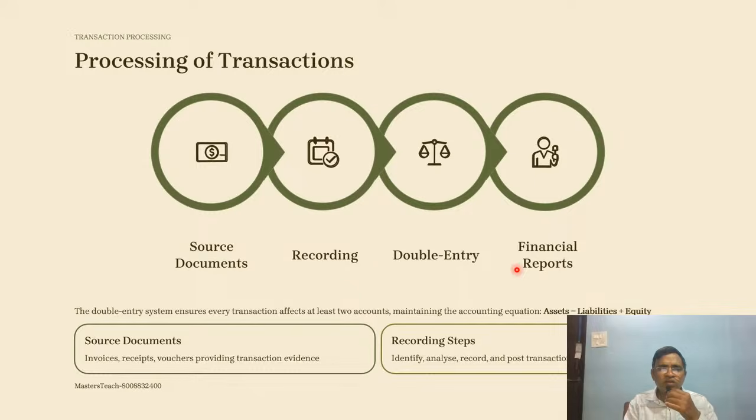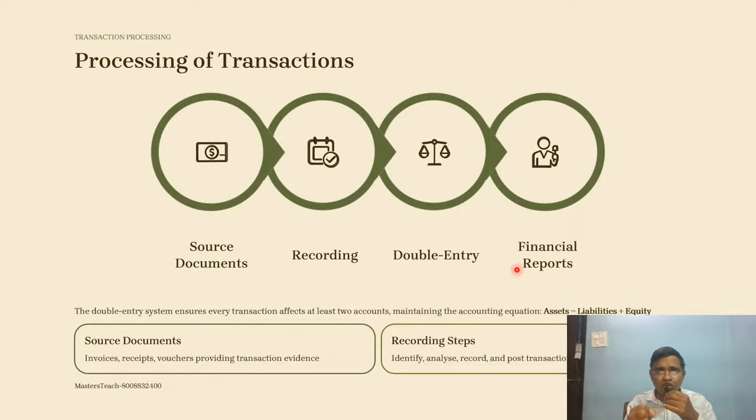So source of document: in order to make any accounting entry, first you need to have source documents. That may be invoices, like purchase, sales, receipts, vouchers. Okay, it gives the evidence as well as accurate information. That is a source of document.